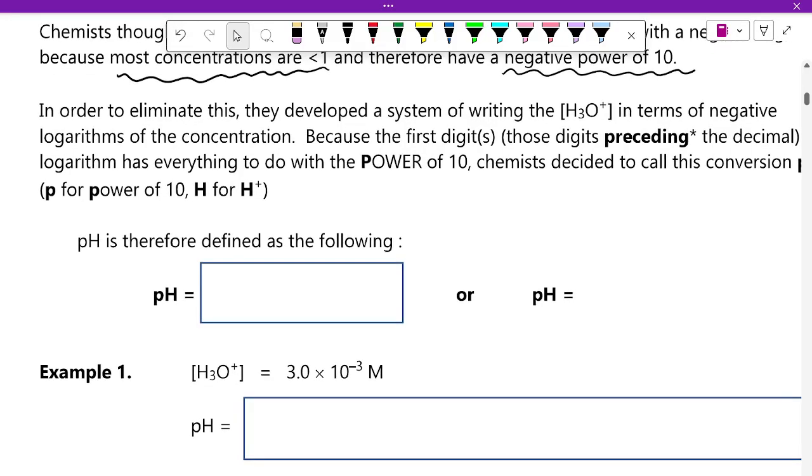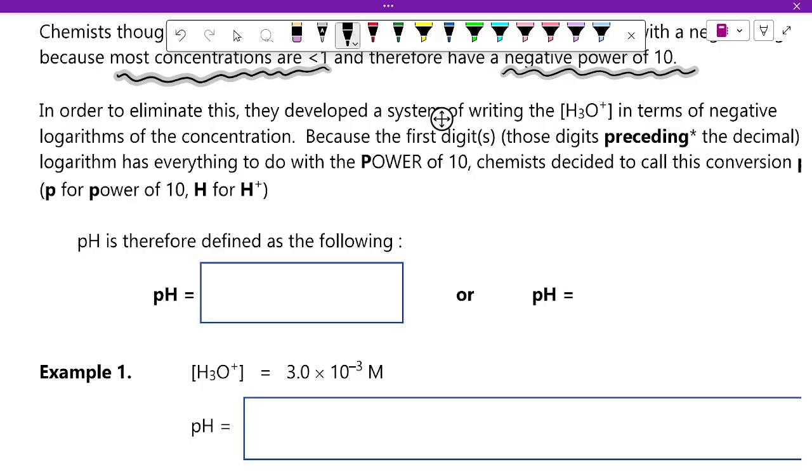remind me, what is the formula for pH? Tell your partner. Remind your partner, what is the formula for pH? What is it?